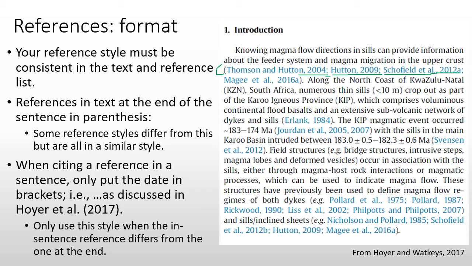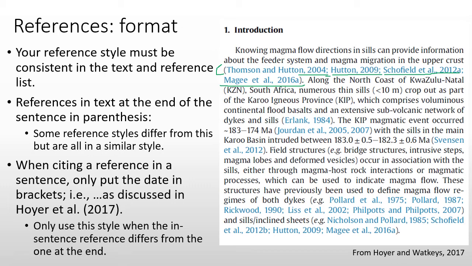If you have two references that are from the same year, then you need to denote which one you are referring to. Now, this is going to sound confusing, but for example, there's a paper here, McGee et al., 2016, A. That means that there is more than one paper referenced in this document from McGee and others, 2016.